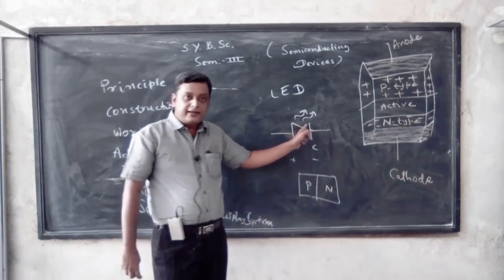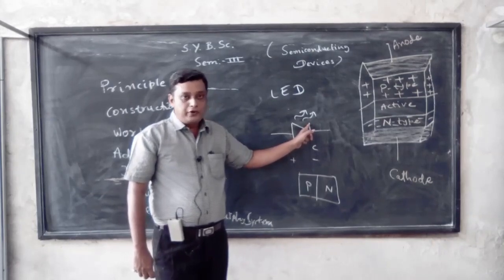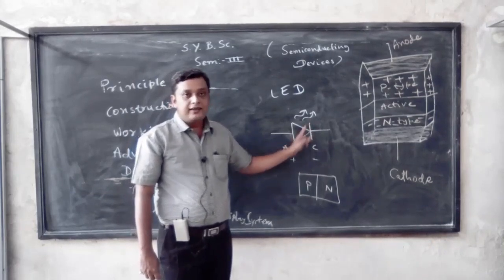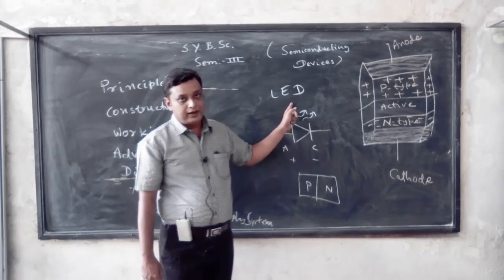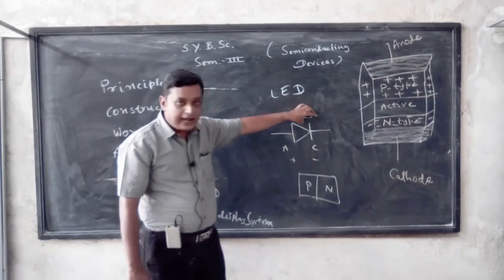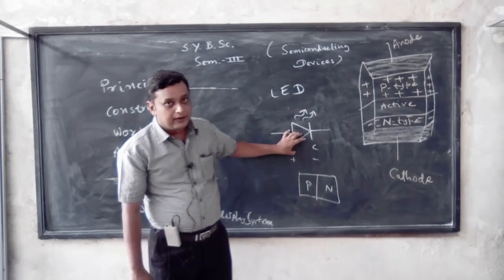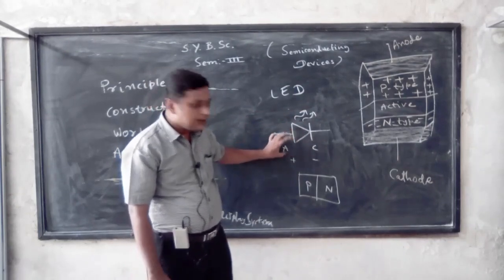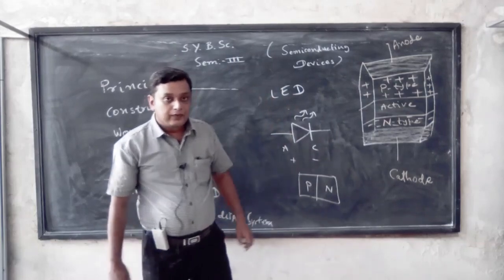These are the light rays, and these light rays are emitted, produced or generated by this diode. That's why our device in this chapter is the light emitting diode. This is the light, and this light is emitted by this diode. So this is the symbol of light emitting diode.